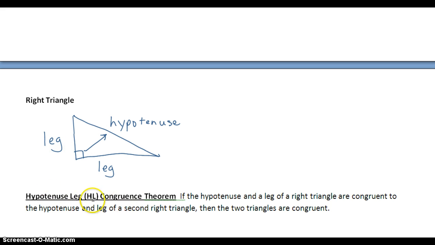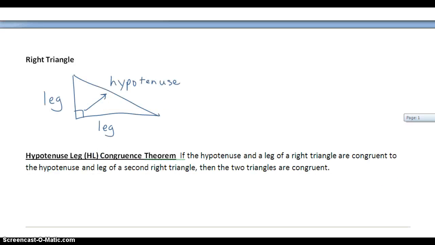This leads us to another way to prove triangles congruent. In a right triangle, well, if I have two right triangles, I'm going to have two triangles with right angles.